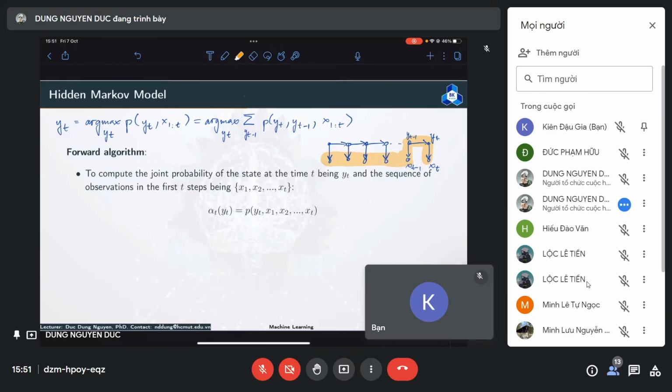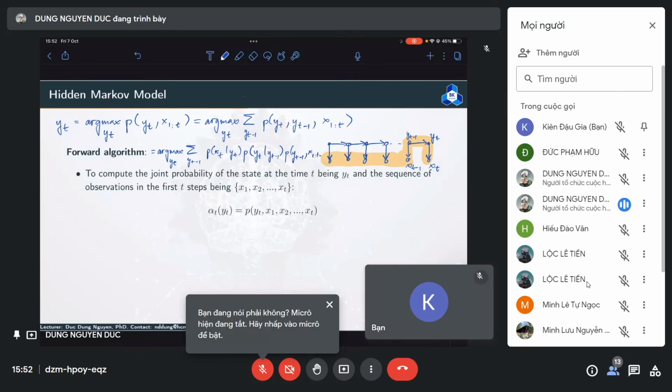According to the graphical model you have, it is equal to the argmax over yt of the sum over yt minus 1 of the joint probability, which is nothing but the probability of xt given yt, multiplied with the probability of yt given yt minus 1, multiplied with the probability of yt minus 1 given x from 1 to t minus 1.